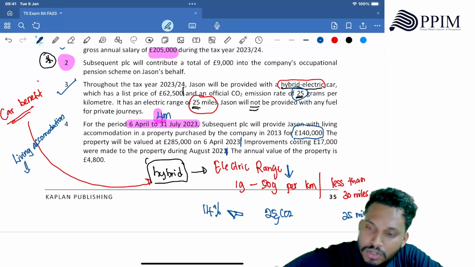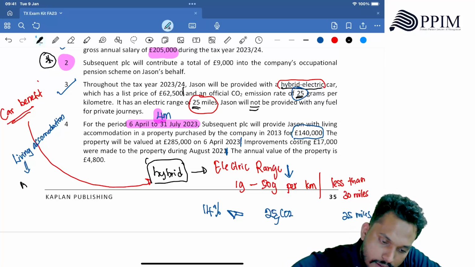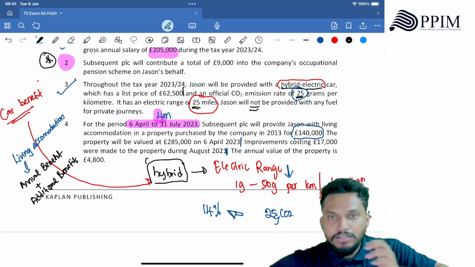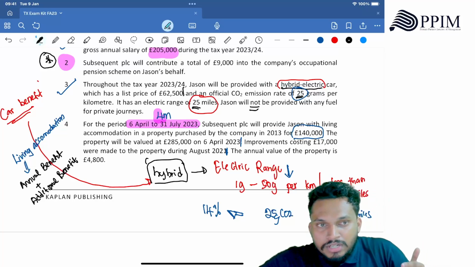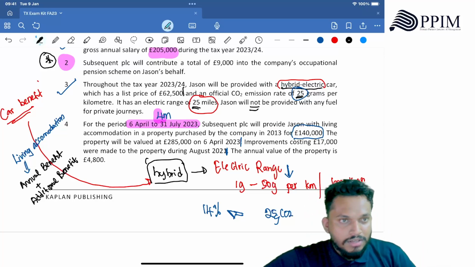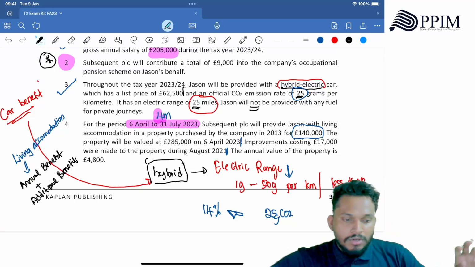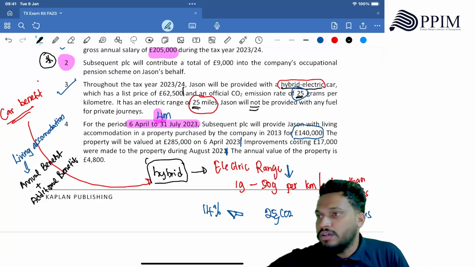The first thing you need to determine is the annual benefit plus the additional benefit. Why am I writing these things? Because next time when you get a question on living accommodation, this is what you need to think. What is the annual benefit you are receiving? What is the additional benefit you are receiving?